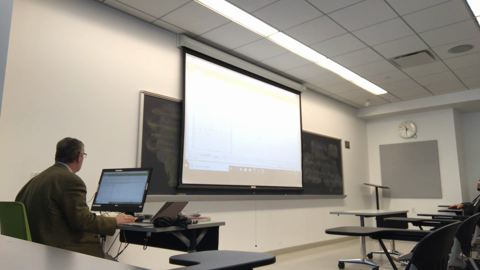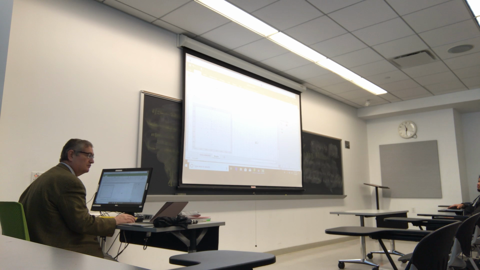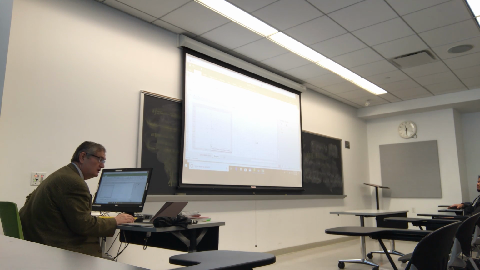Second thing, I take whatever is next to the axis and I put it at the low point, which moves that information outside of my graph. And I have my scatter chart.